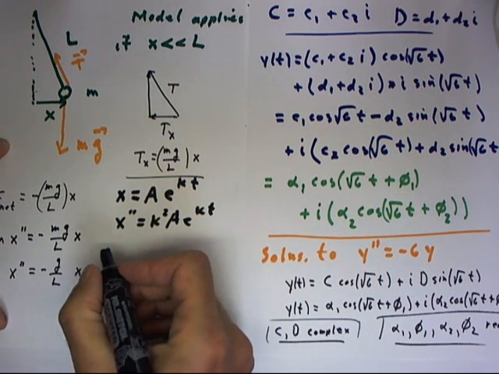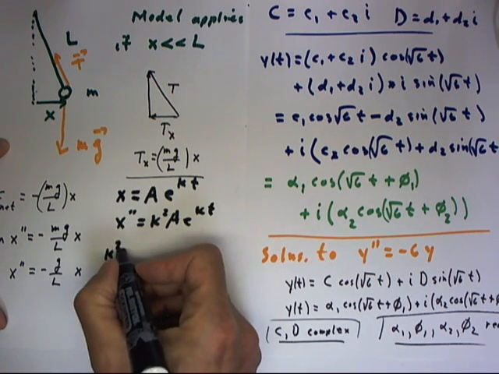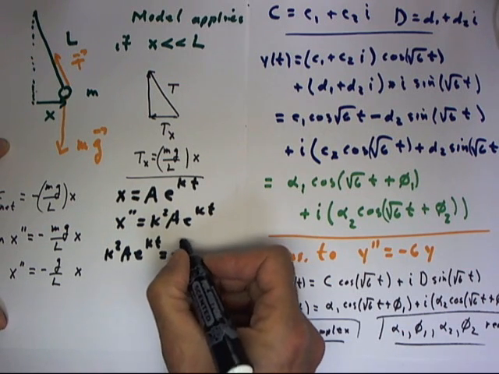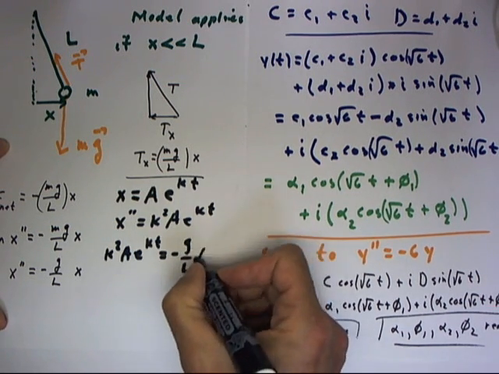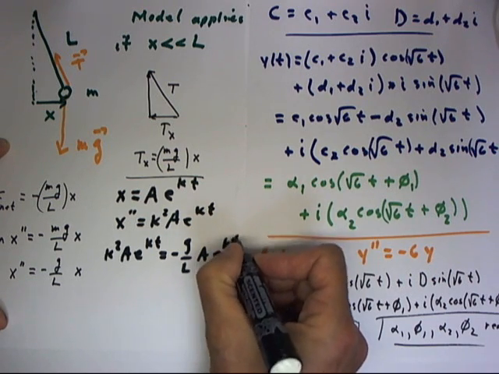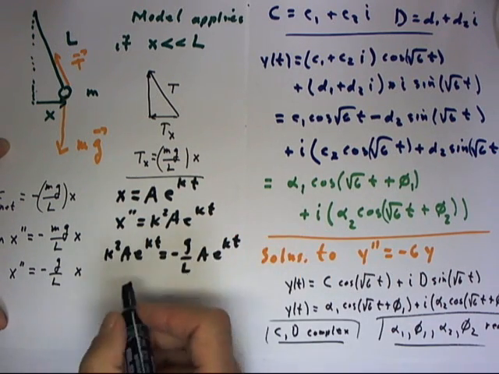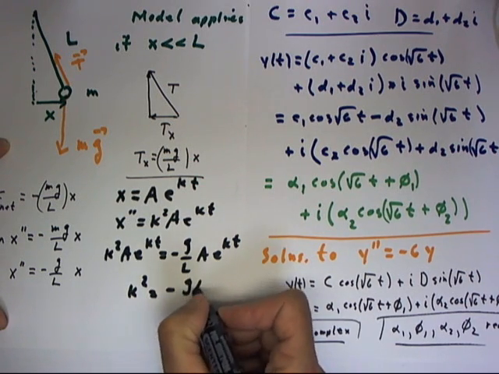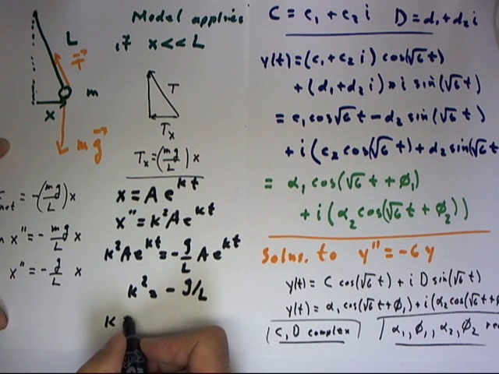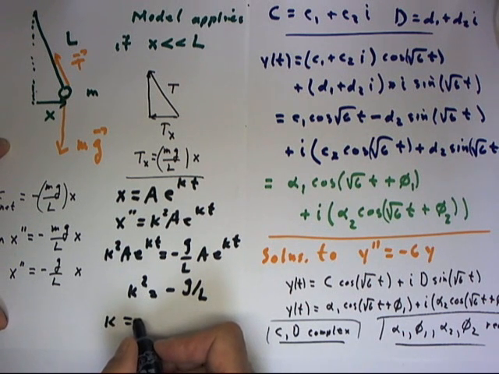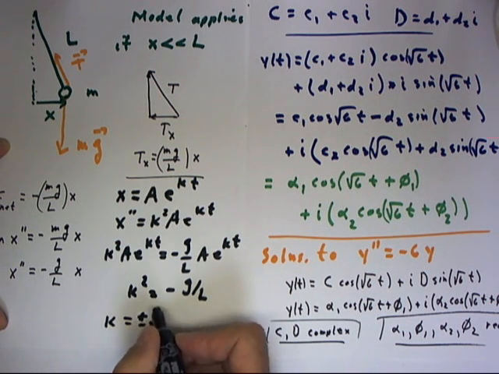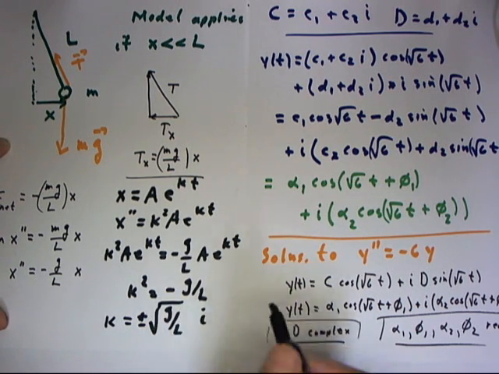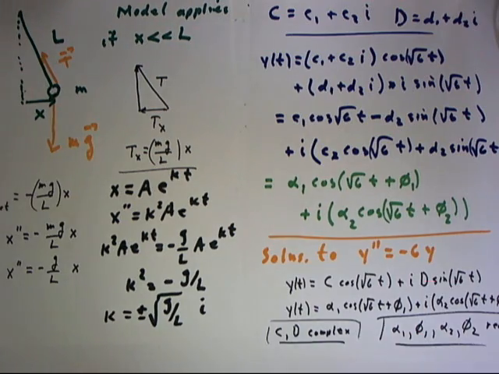Substituting into the equation, we have k squared A e to the kt equals negative g over L A e to the kt. Dividing by A e to the kt, we have k squared equals negative g over L, so that k equals plus or minus the square root of g over L times our imaginary number i.